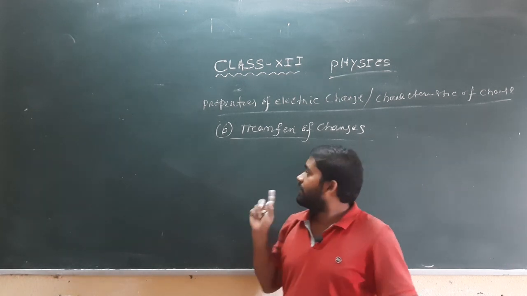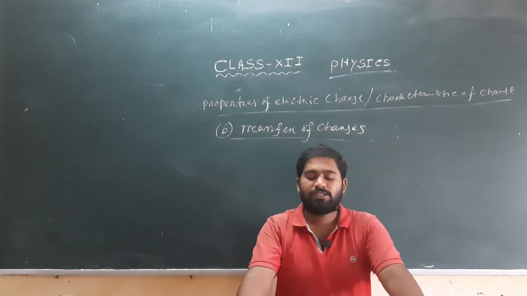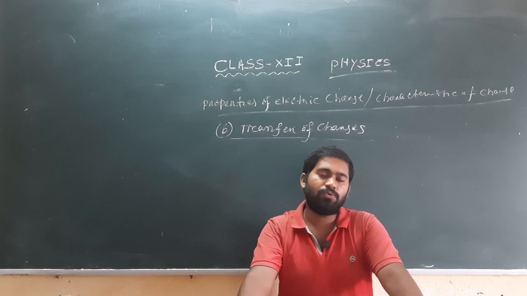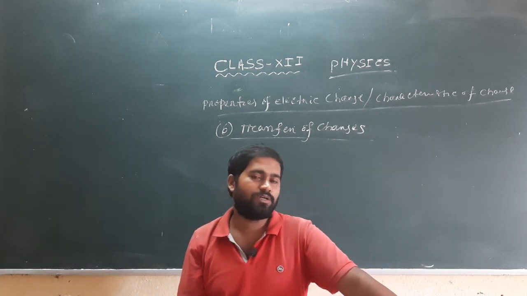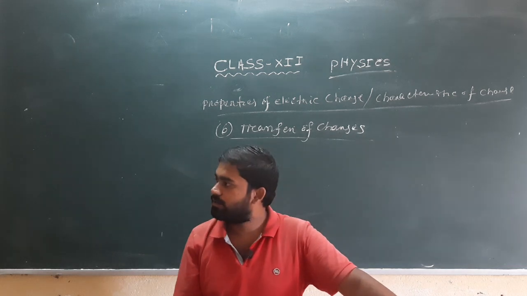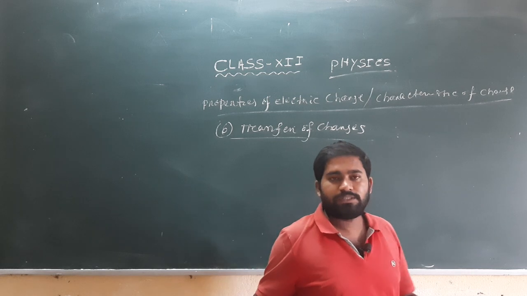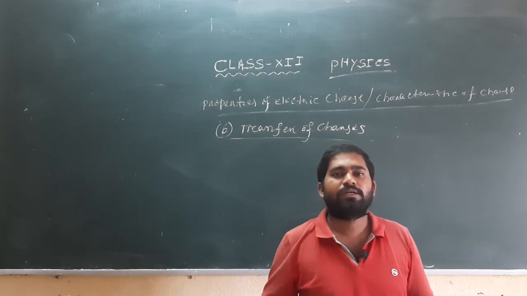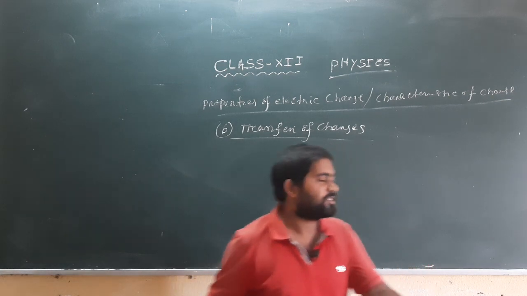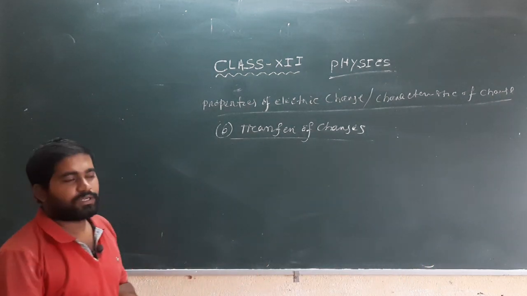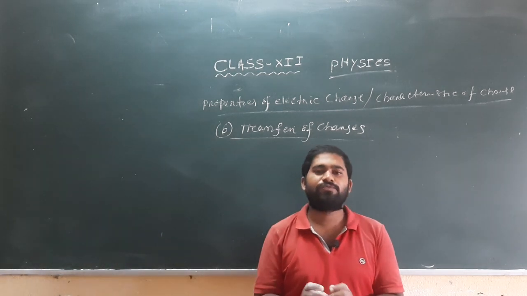Again I repeat, charge is capable of transfer from one body to another if they are connected with the help of a conductor. The transfer of charge always takes place by transferring free electrons, and the transfer of electric charge depends upon the degree of electrification.